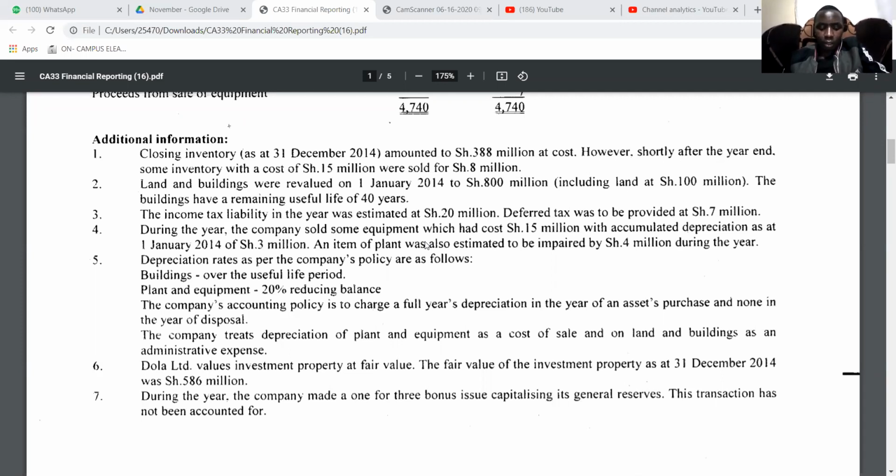Dennis, what's a bonus issue? I know these are some of the things you have done already, in financial accounting, maybe if you have done financial statement analysis somewhere. What's a bonus issue?